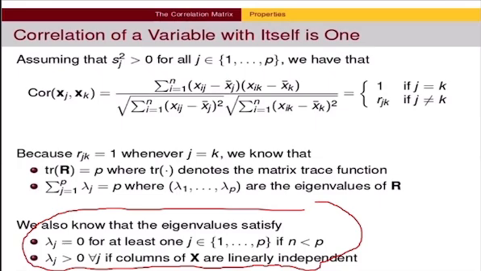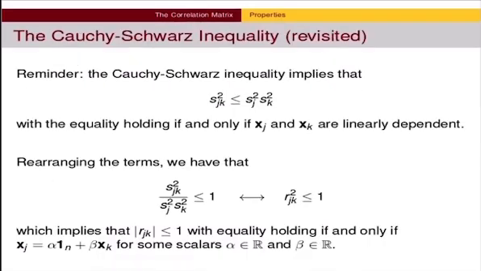Okay, now we're moving. I think I remember on Friday, I talked about this Cauchy-Schwarz inequality. According to Cauchy-Schwarz, the square of the covariance is less than or equal to the product of the variances.